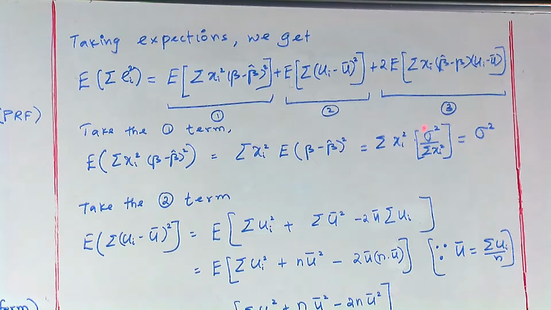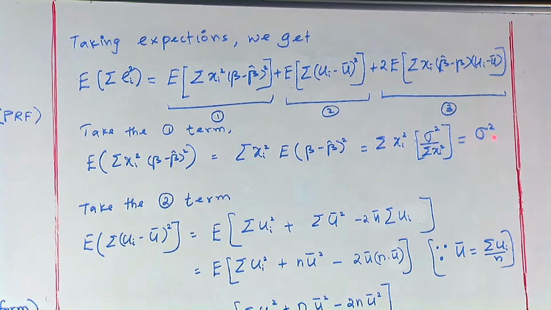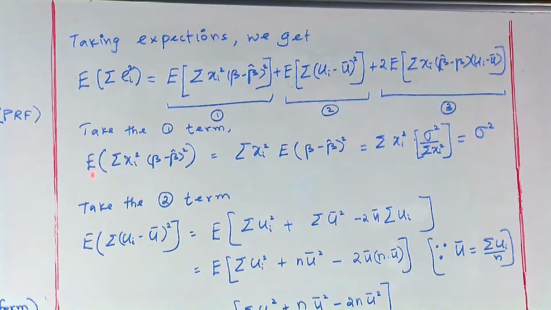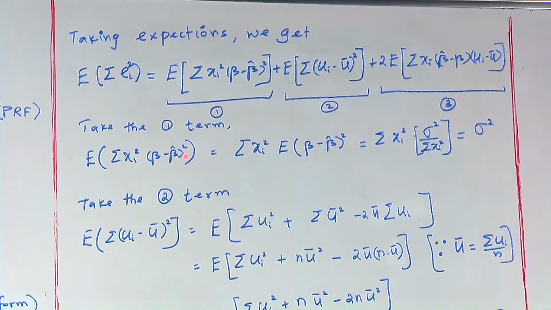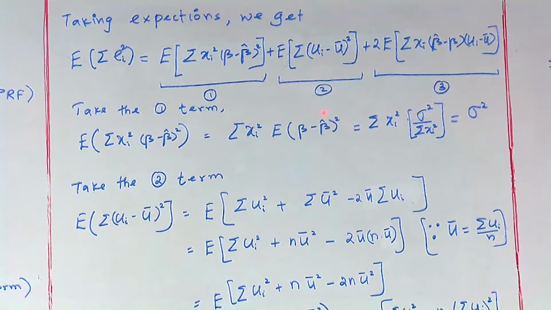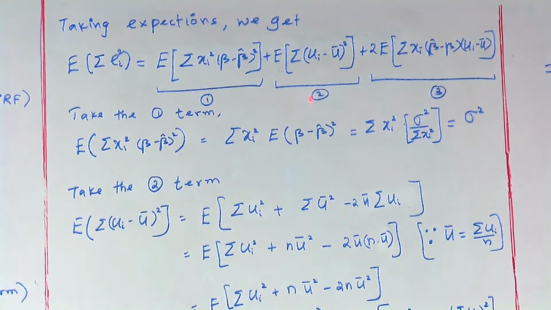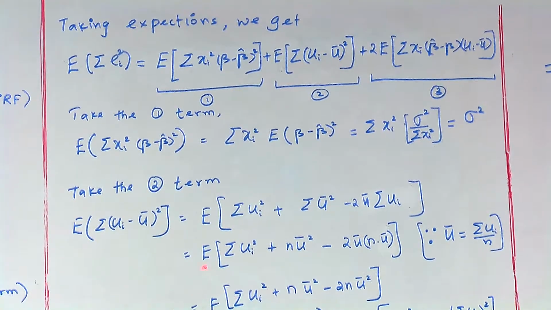So we substitute this value, we can cancel this, and we get σ square. So the first term, expectation of Σxi square (β − β̂) square, is equal to σ square.